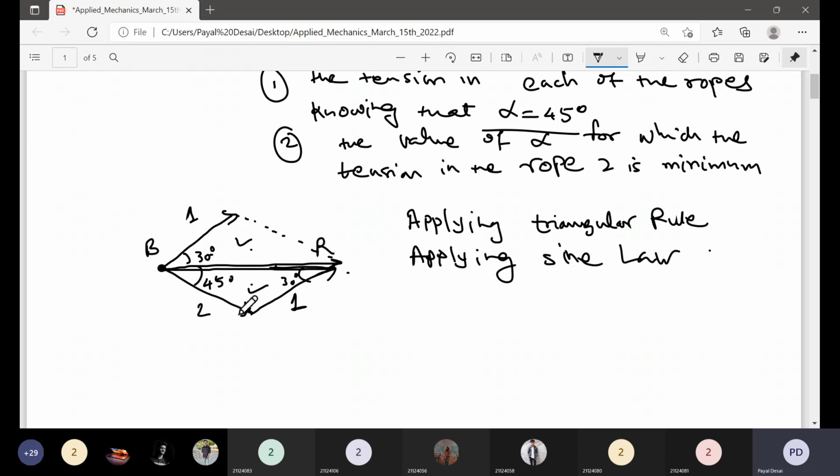So I can always figure out the angle between these two vectors.